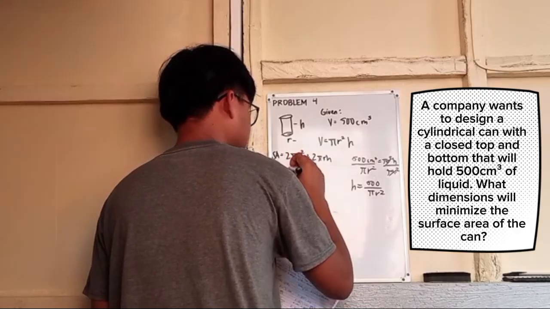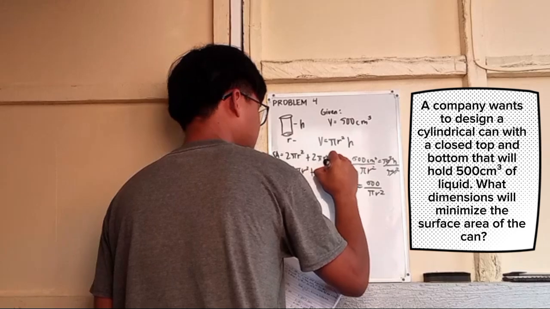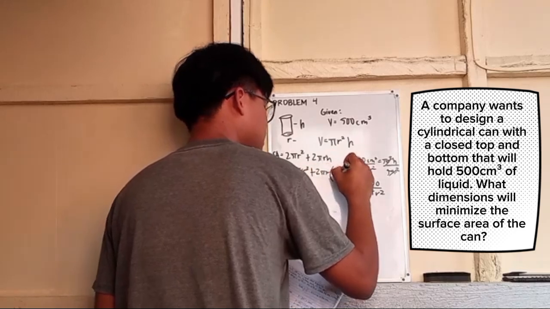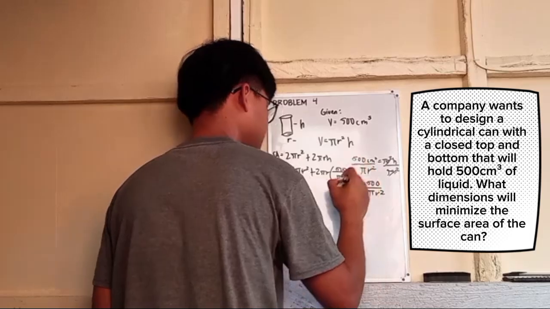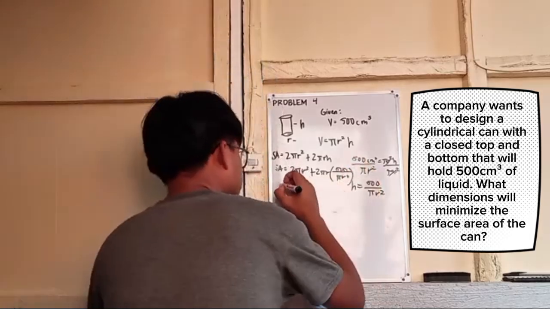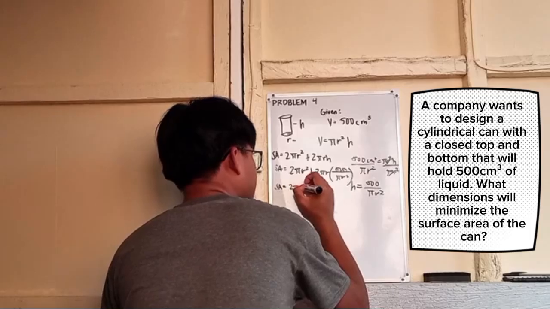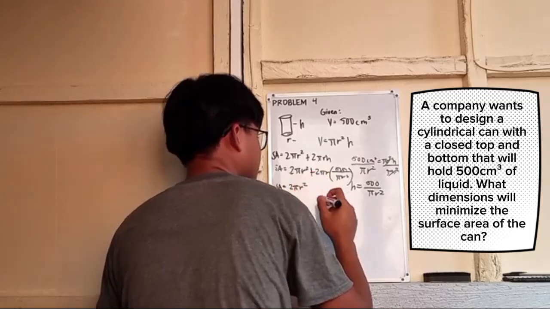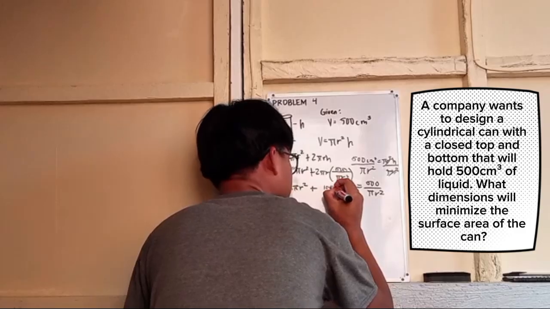So, 2 pi r squared plus 2 pi r times 500 over pi r squared, which gives 2 pi r squared plus 1000 over r.